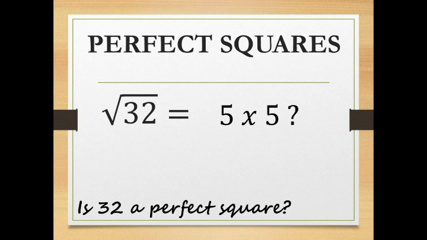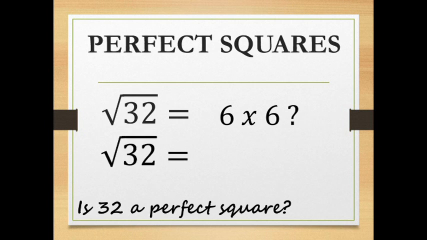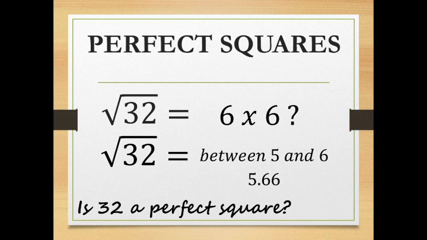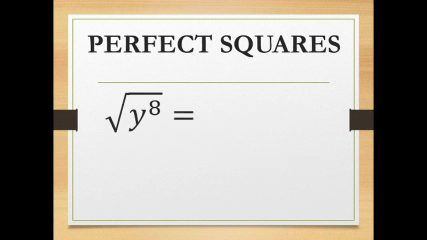Mababa siya sa 32. While, pag 6 times 6 naman, 36, mas malaki siya sa 32. So, ibig sabihin, ang square root of 32 ay nasa gitna ng 5 and 6. Kapag gagamitan nyo ng calculator, ang sagot ay 5.66. Since may nakikita kayong decimal point, ibig sabihin, 32 is not a perfect square.